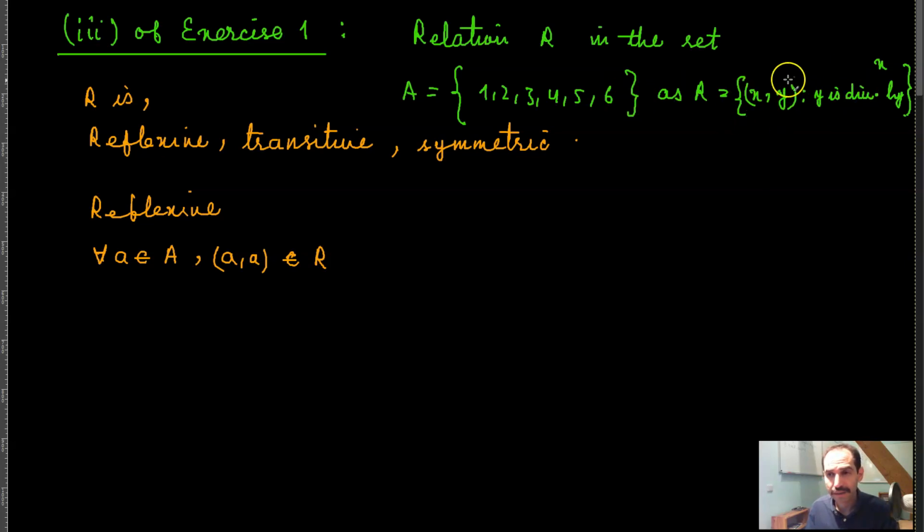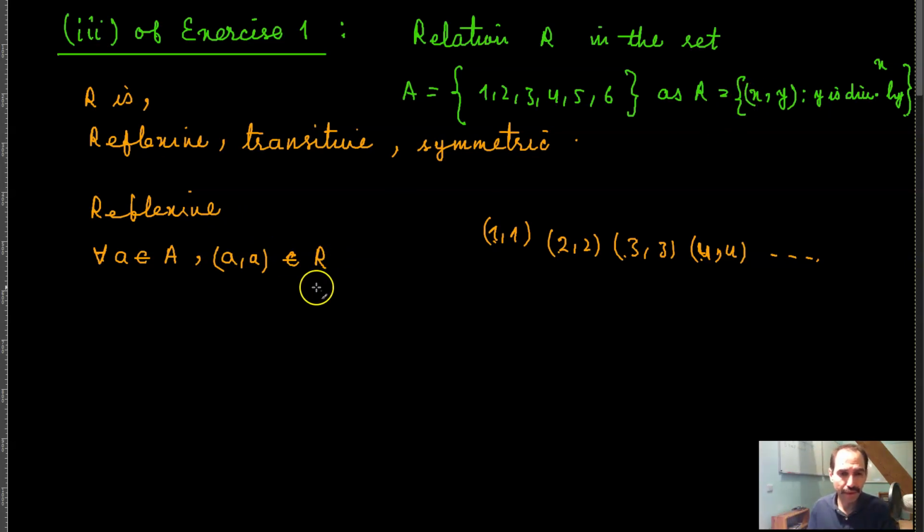So the set R that we have here is x comma y such that y is divisible by x, meaning that, for example, 1 is divisible by 1, so 1 comma 1 would be there, and then 2 comma 2 would also be there, and 3 comma 3 would also be there, and 4 comma 4 would also be there, and so on and so forth, which means that for every A belonging to A, A comma A does actually belong to R, which means that you can say that R is actually reflexive, right?